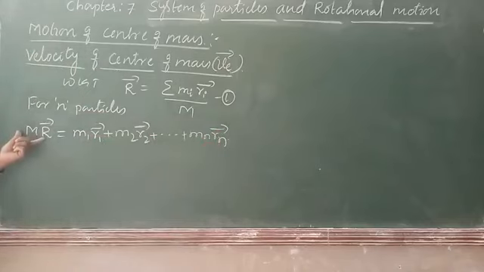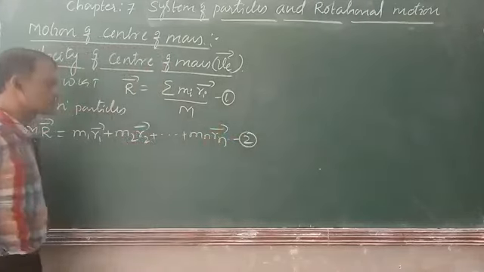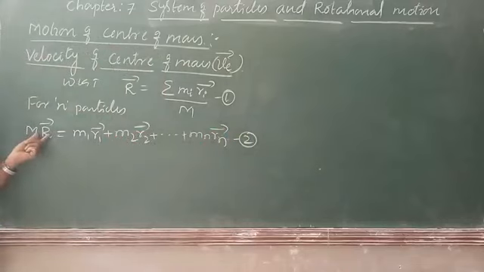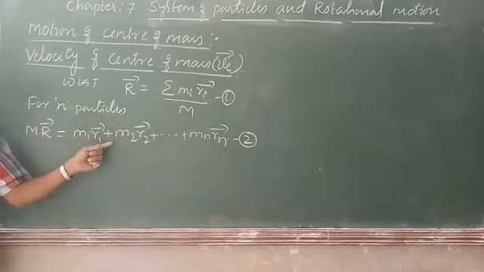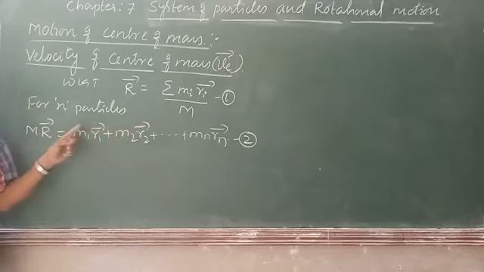So this is the position coordinate of the center of mass of the system of n particles, and we call this equation 2. Here r is the position vector of the center of mass, and r1, r2, r3 up to rn are the displacements of the particles.